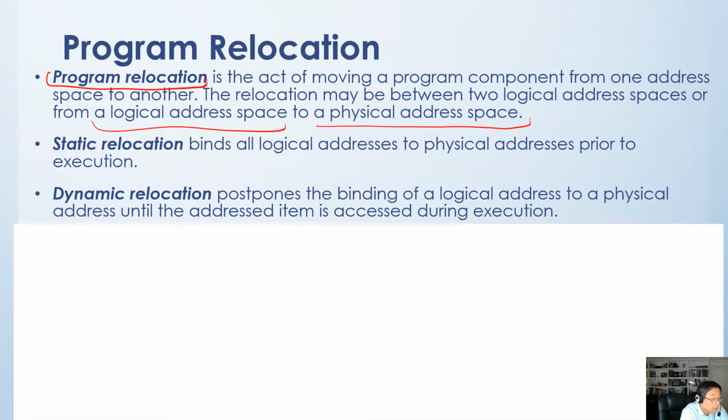There are two types of relocation. The static relocation binds all logical addresses to physical addresses prior to execution. That's sometimes also called compile-time relocation. The other one is called dynamic relocation. Dynamic relocation postpones the binding of the logical address to the physical address until the addressed item is accessed during the execution. That's also called runtime relocation.